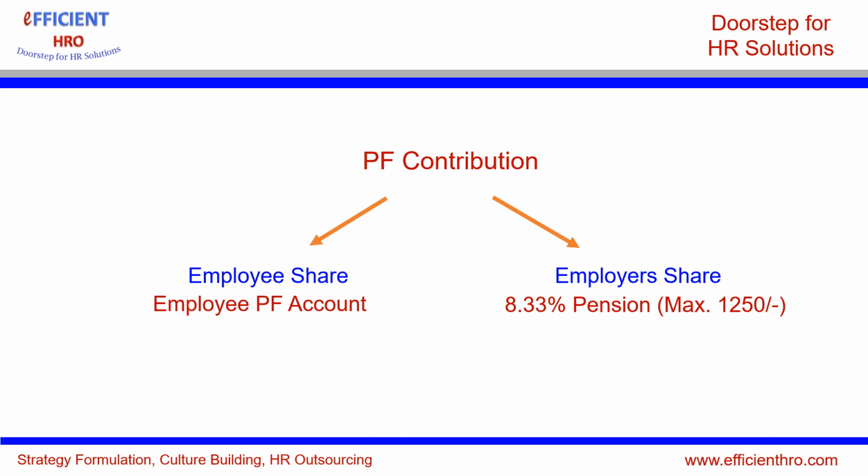Whichever option the organization chooses, the contribution to the pension fund will be 1250 only. Then 3.67% will go to the employee PF account. Now, what is the employee PF account? This is the employee PF account. So 3.67% of the employer share will go to the employee PF account.